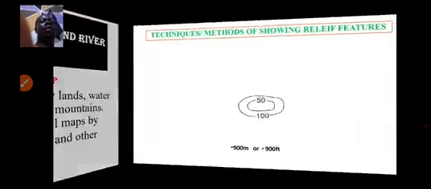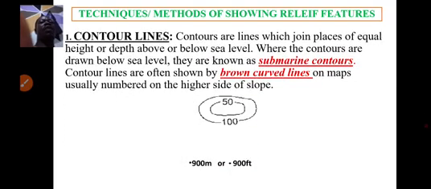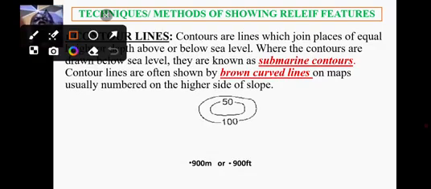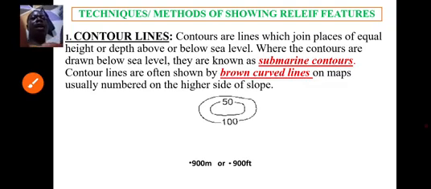So let's move on. The techniques or methods that we use to show relief features include the contour lines. When you look at this, this is what is called the contour. We have a contour line here.